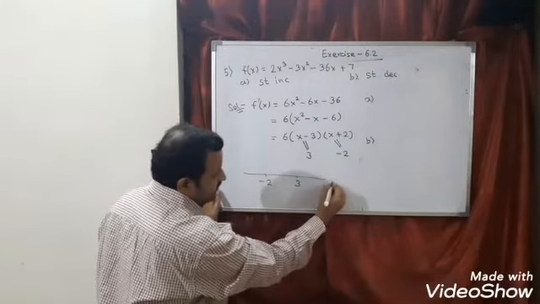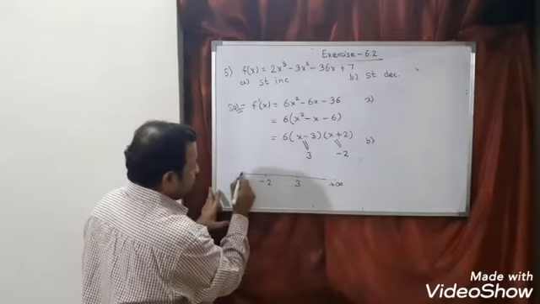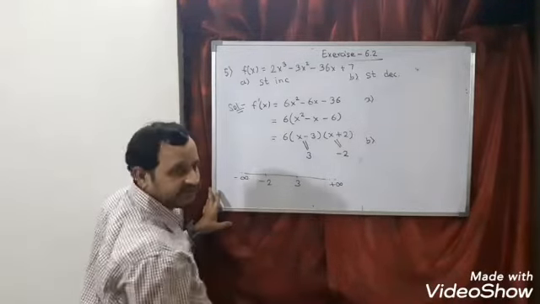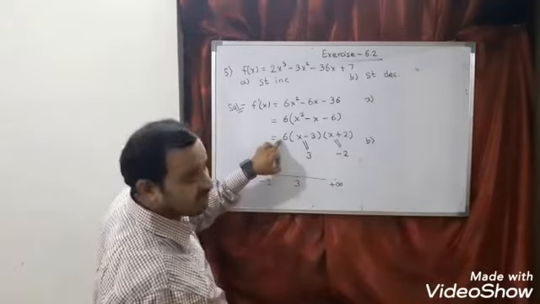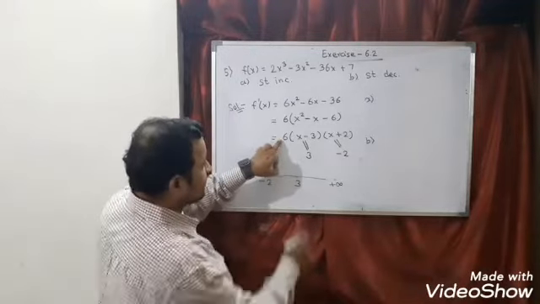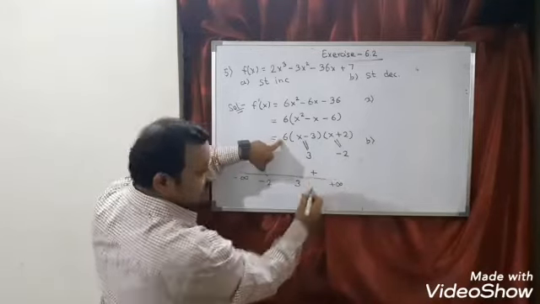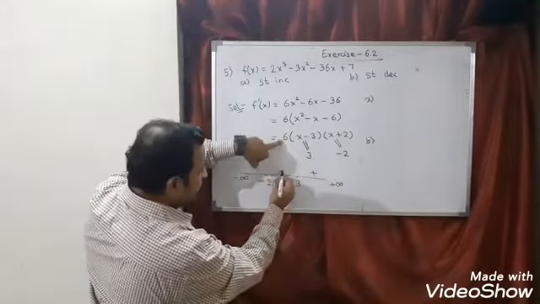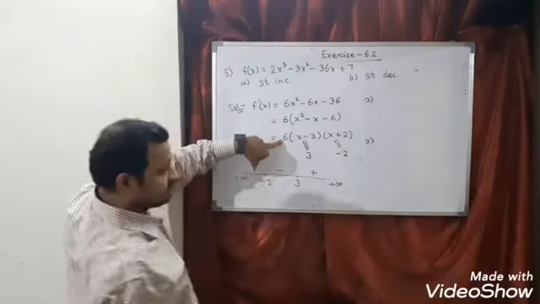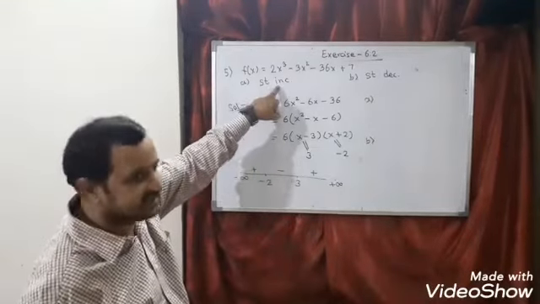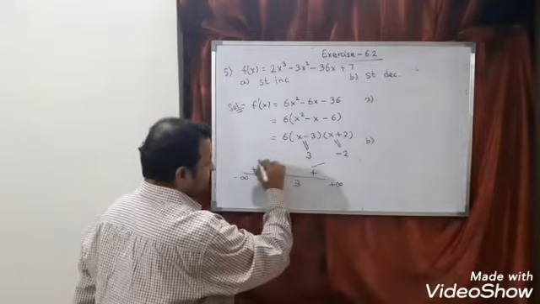This I can say plus infinity, and this minus infinity. What is the outside sign of f dash x? The outside sign of f dash x is positive. So positive will come after the largest critical point and then alternate the sign. Increasing means positive sign.